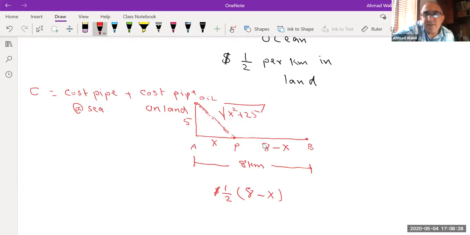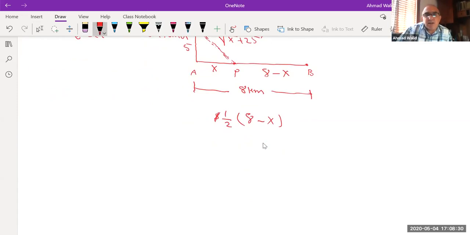Okay, now let's create our formula. My cost equals pipe at sea, which is the square root of x squared plus 25. How much is the cost of the pipe at sea? $1. Plus the cost of the pipe on land, 1/2 of (8 minus x).